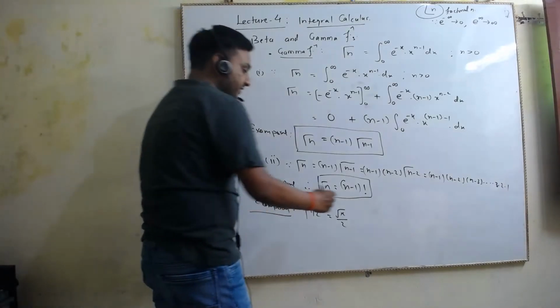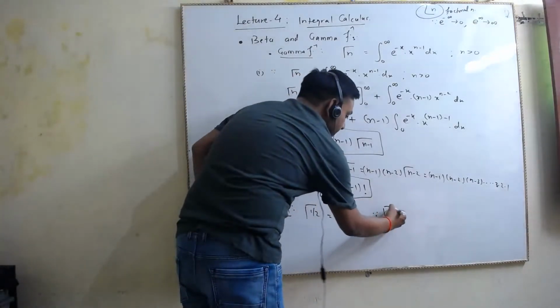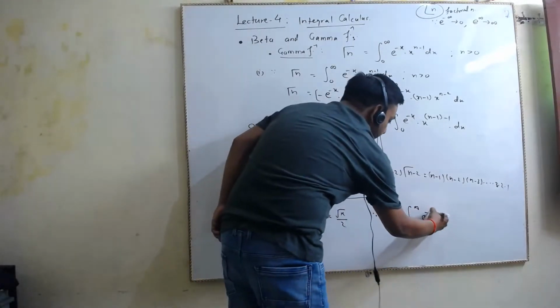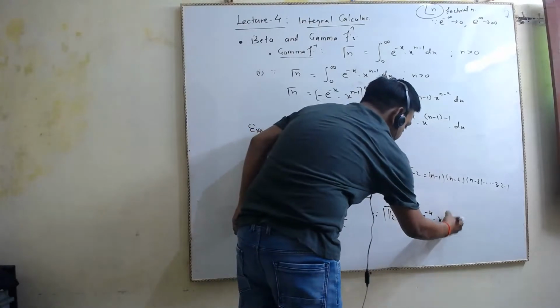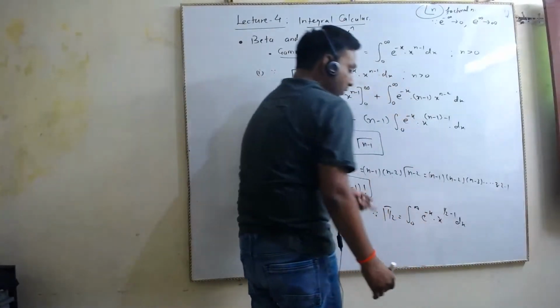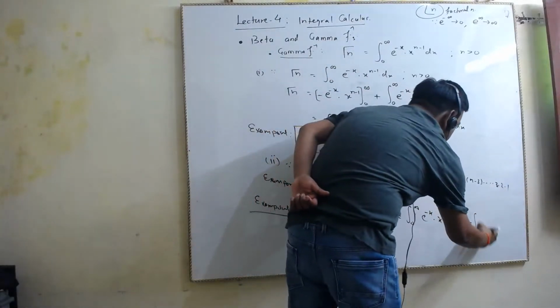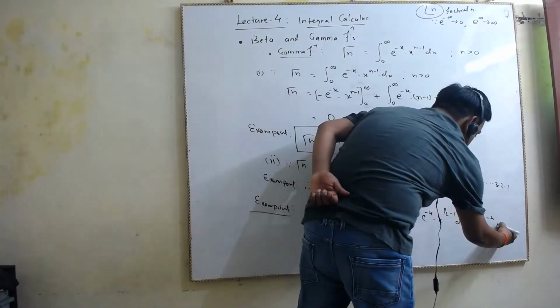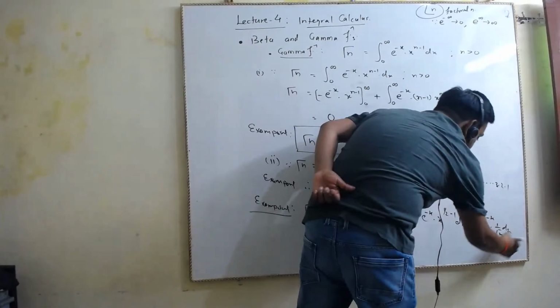How it comes, basically: since gamma half can be written as integral from 0 to infinity of e raised to the power minus x, x raised to the power 1 by 2 minus 1, dx. So this can be written as integral from 0 to infinity of e raised to the power minus x into 1 upon root x dx.